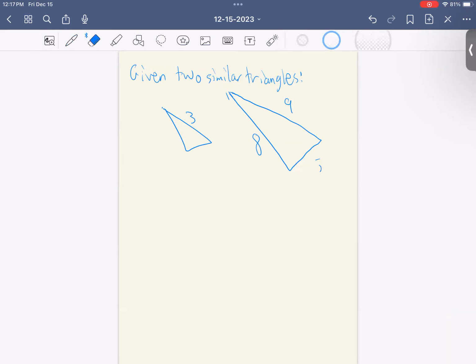So let's say I have that. And let me give these sides names. I'll call them X and Y. And so the question is, calculate X and Y.